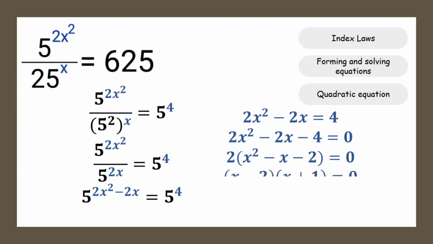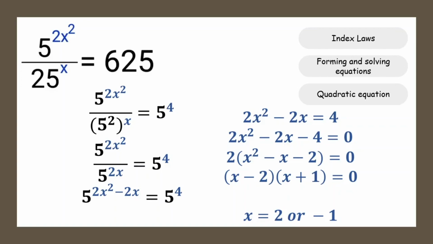In my brackets, I'm going to have x subtract 2 and x plus 1. And we're one step away from solving. For the left-hand bracket to equal 0, x must equal 2. And for the right-hand bracket to equal 0, x must equal -1. And there we go, my two solutions for this problem.